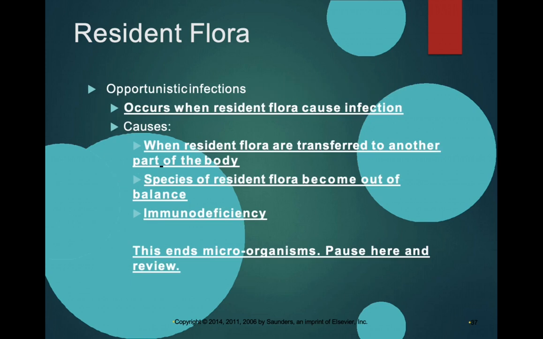Opportunistic infections occur when the resident flora cause an infection. So when the resident flora is transferred to another part of the body, or the species of the resident flora become out of balance, right? When you have more bad bacteria than good bacteria.